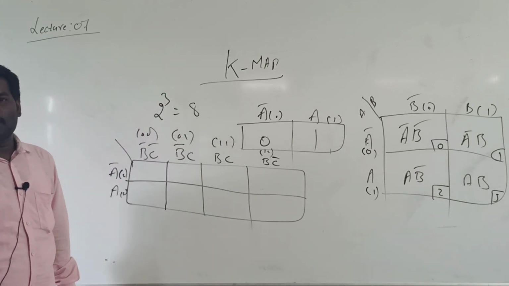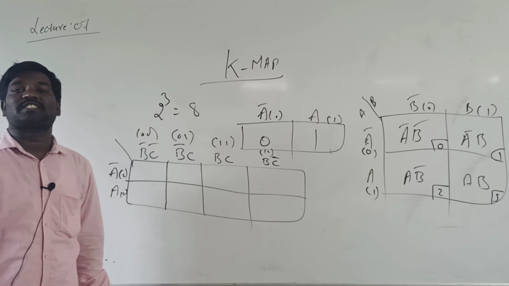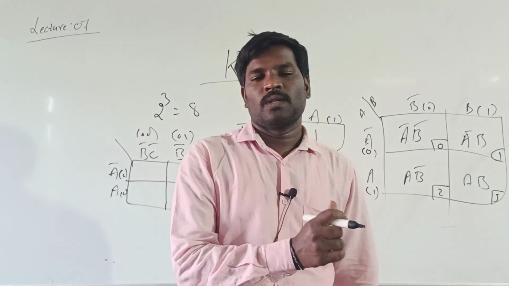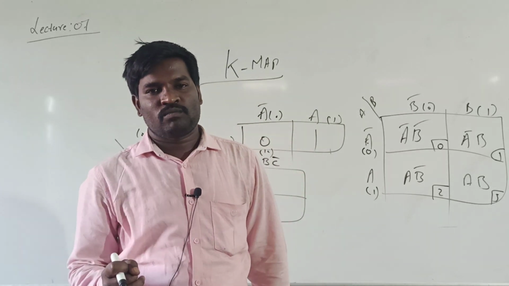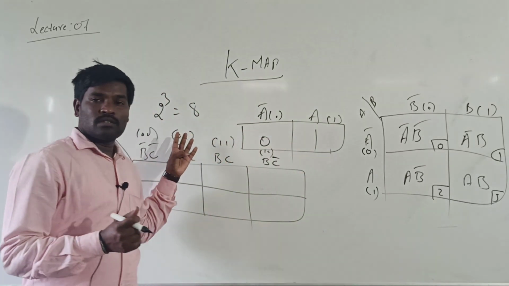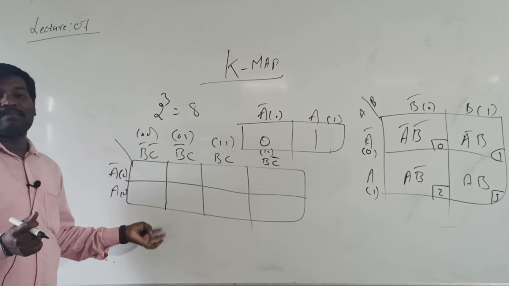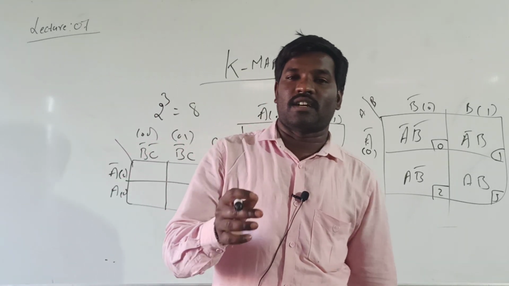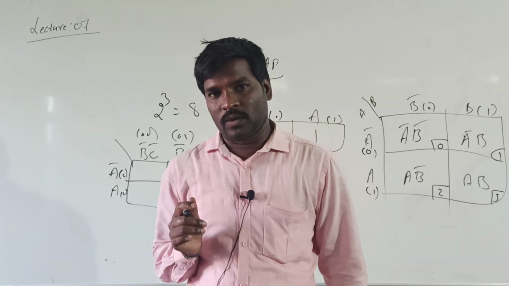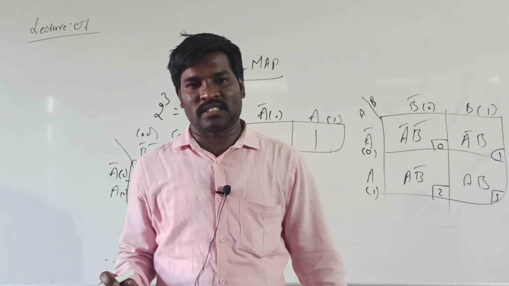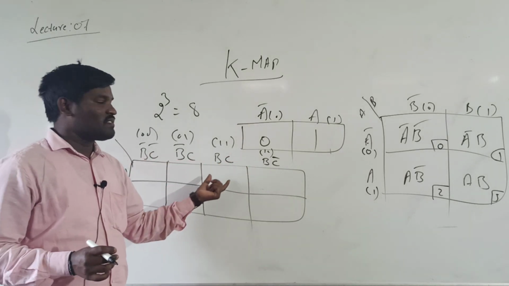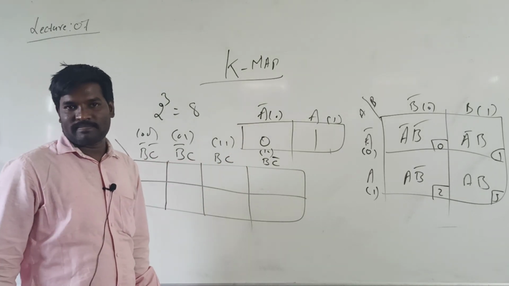Before K-map, one more map was there, which also was used to represent the values diagrammatically with respect to the truth table, and to reduce the expression. For comparison purposes, the K-map scientist exchanged the columns as well as rows.